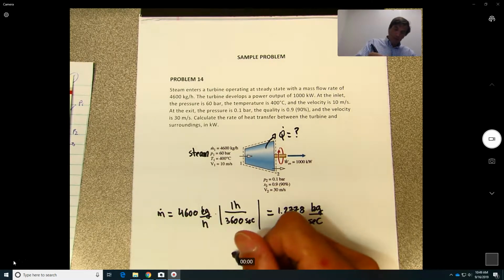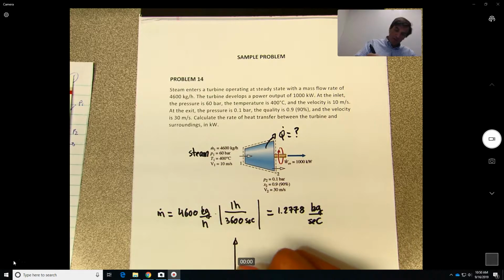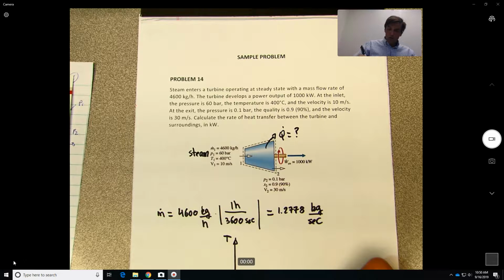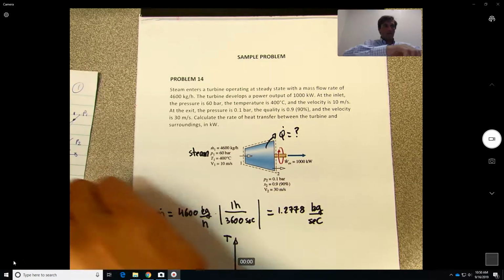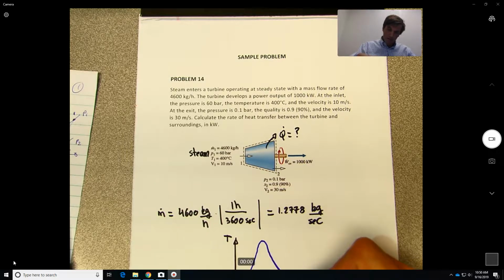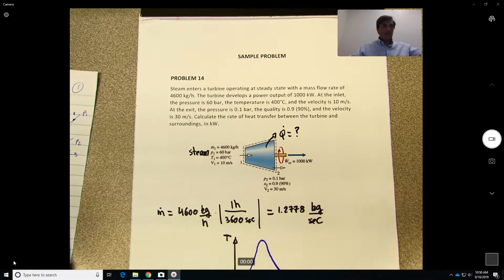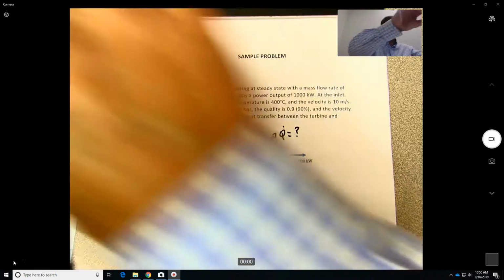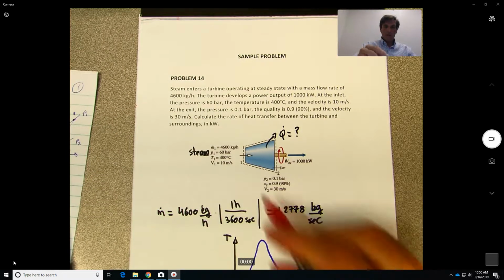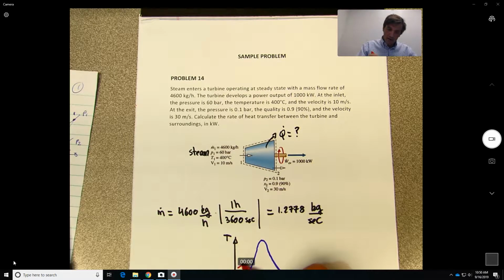Alright, so this is not mandatory, but always good to show me that you understand the material. If you do the TV diagram, in this state, we work between the two pressures of 60 bars.